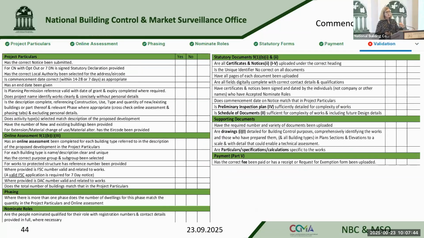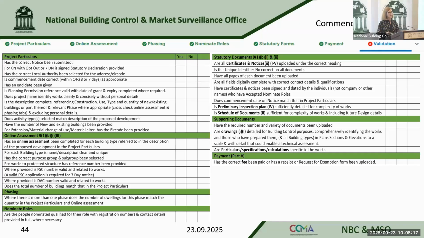So later during the break, we will have a video playing of the validation process by the Building Control Authority, but they go through each of the elements listed here, and this is just a quick checklist for validation purposes. And it is checking that all of the documentation required by Article 9 has been submitted, and that, as I said, the correct date is on the forms, all of the forms have been signed.